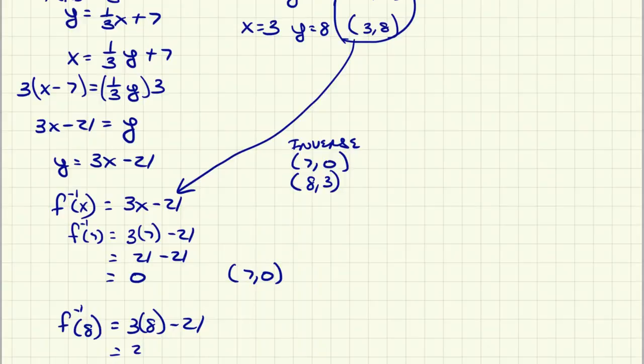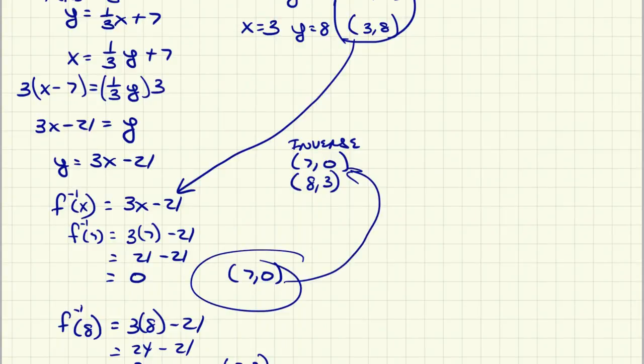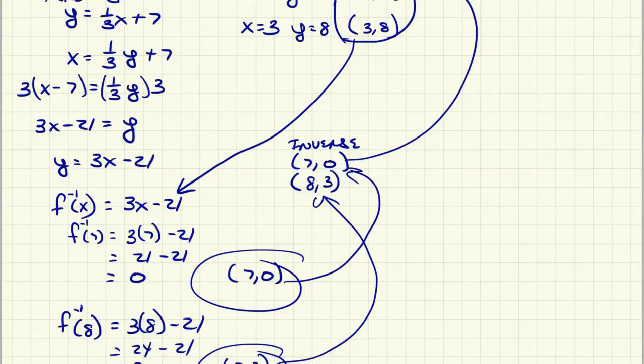We get 24 minus 21, and that's going to be 3. So I have another point on my inverse, (8, 3). And hey, look at that. That lines up with our expected inverse point, (8, 3), which corresponds back to our original function.